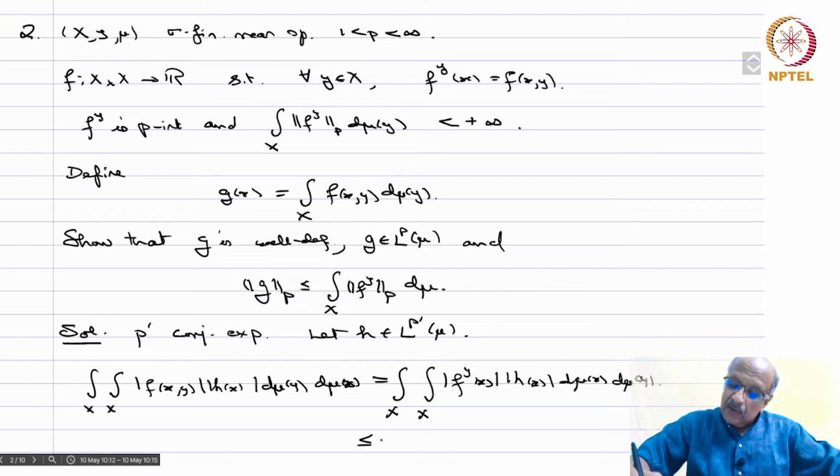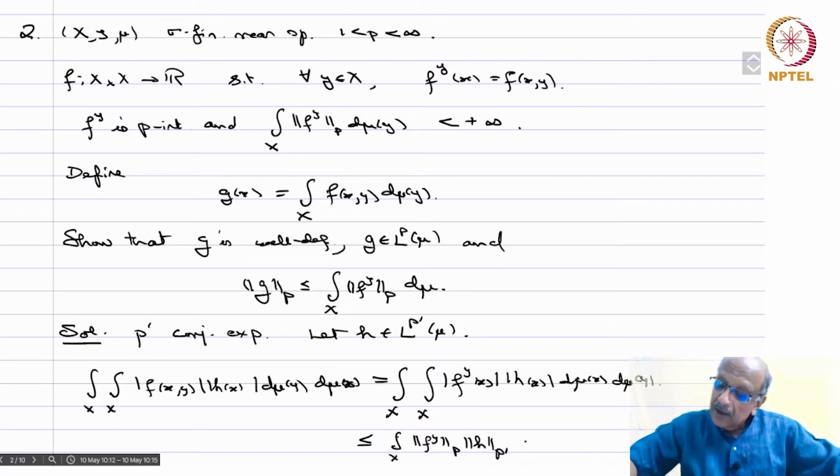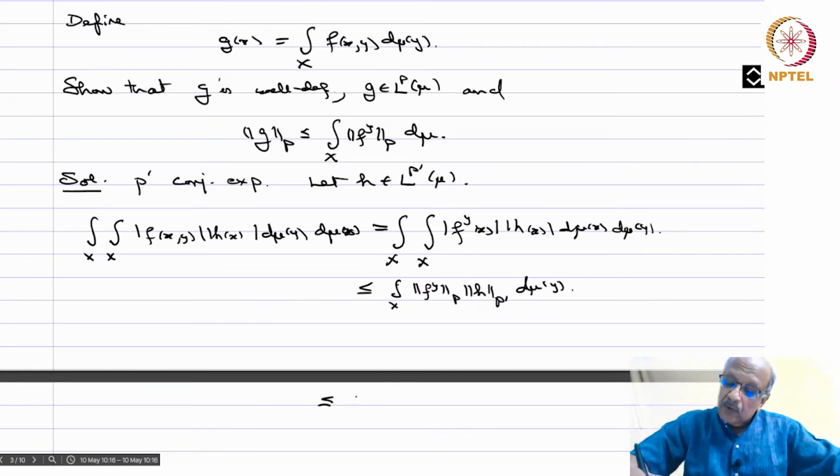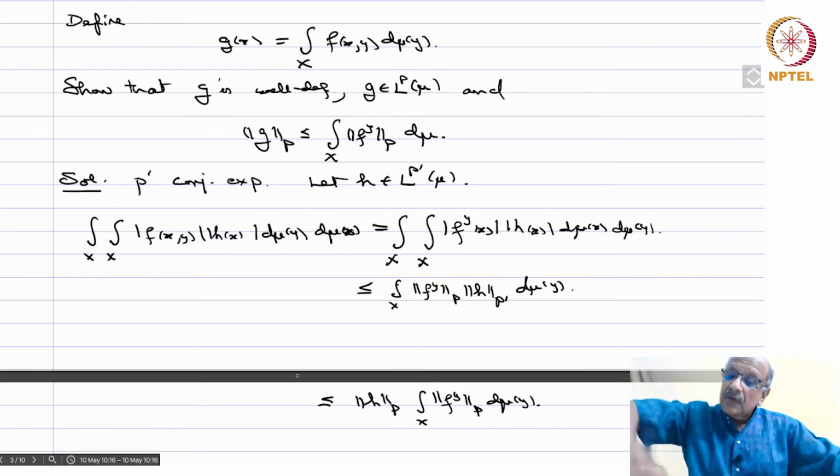But that is less than or equal to integral over X of norm f_y_p norm h_p dash d mu(y), which is less than or equal to norm h_p dash times integral over X of norm f_y_p d mu(y). Okay, so this is finite.